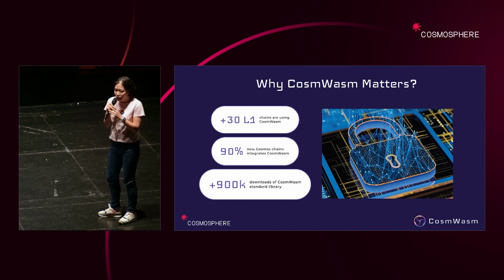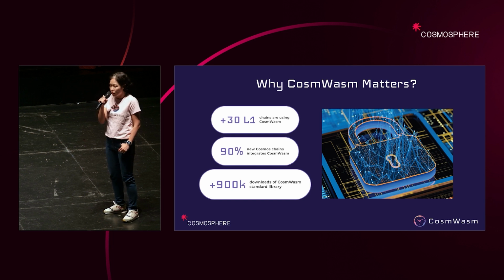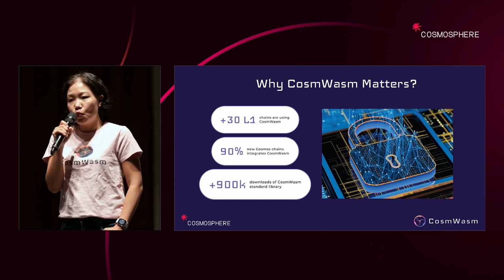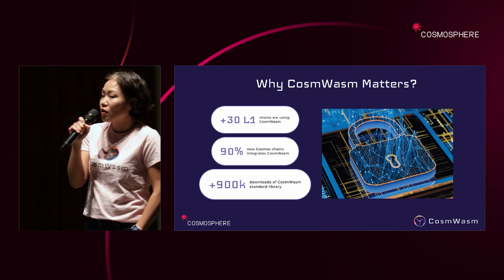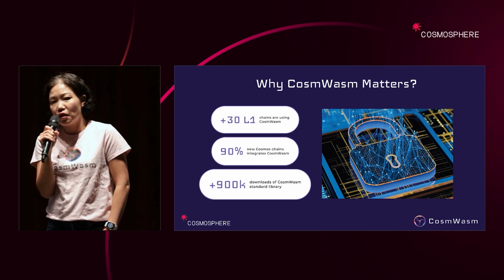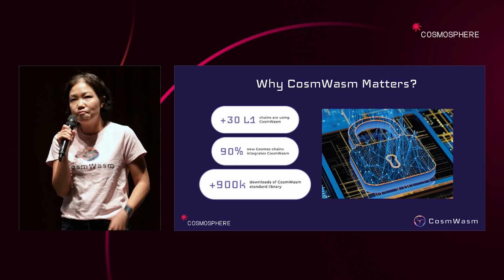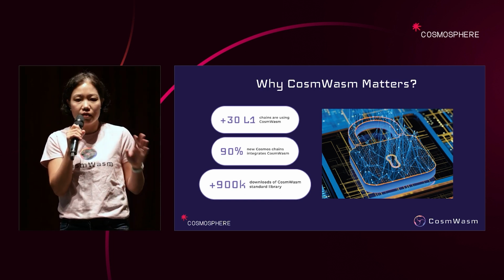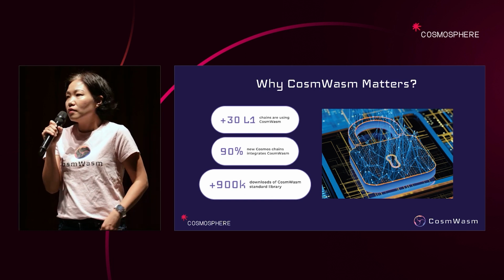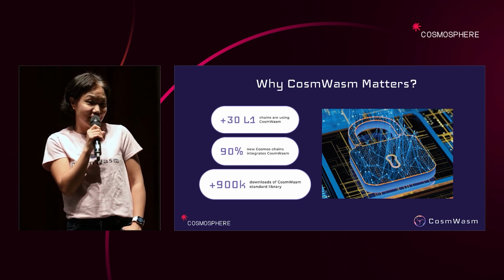And why is CosmWasm so popular in Cosmos? That's because CosmWasm is built with a security-first mindset. Historically speaking, there have been billions of dollars in hacking incidents in the Ethereum ecosystem, like the DAO and Parity multisig.